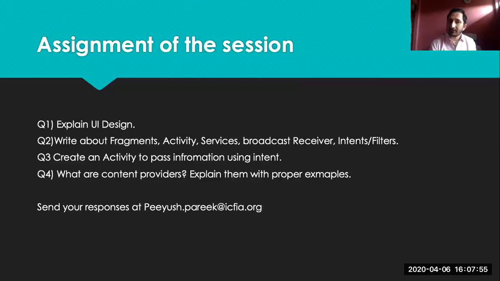Write about fragments, activities, services, broadcast receivers, intents, and filters. Create an activity to pass information using the intent from one activity to another and display that intent value in the second activity. Use buttons to apply different changes. What are content providers? Explain them with a proper example.